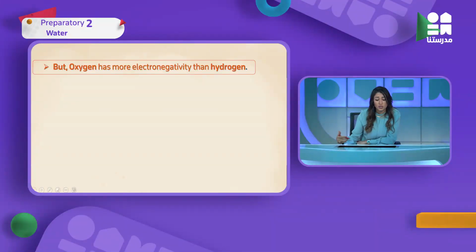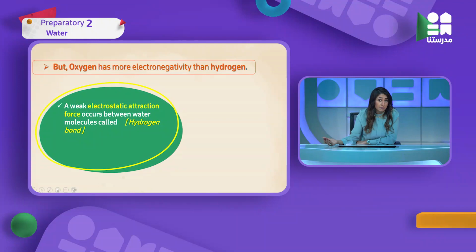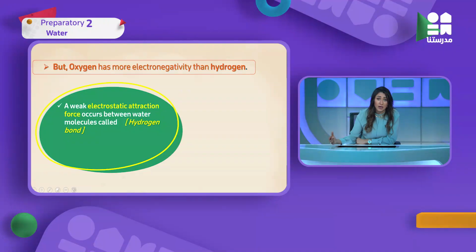We'll discuss it in details. يبقى the oxygen has more electronegativity than hydrogen. إيه اللي بينتج من ال high electronegativity of the oxygen? A weak electrostatic attraction force occurs. يعني بيحصل force between the oxygen atom and the hydrogen atom in another water molecule. And we will discuss it in details. طيب this weak electrostatic attraction بيخلق لي bond, a weak bond called hydrogen bond.